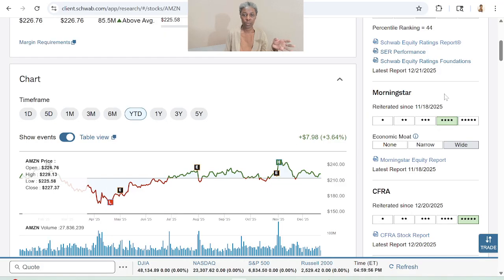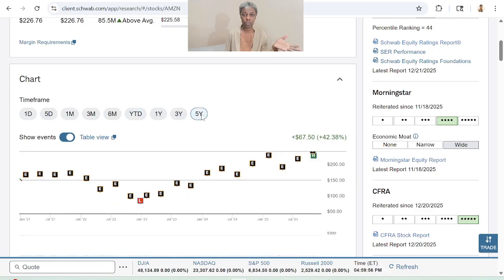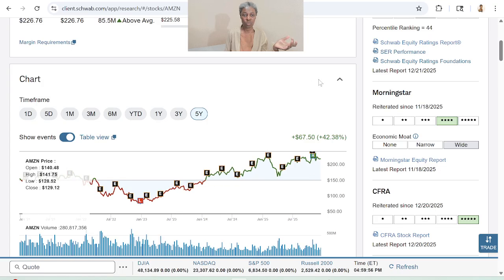If I click on 5 years, it's going to show me these 5 years, and I'm not entirely sure if it's a daily chart or what, but it's 5 years here. It's a little bit vague.